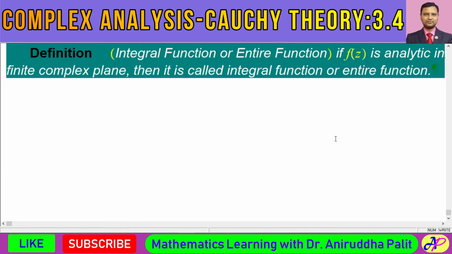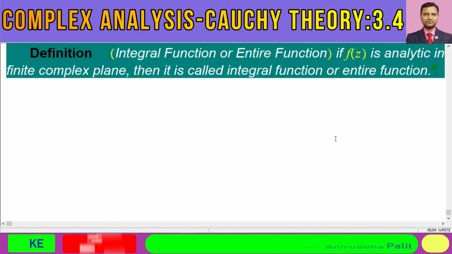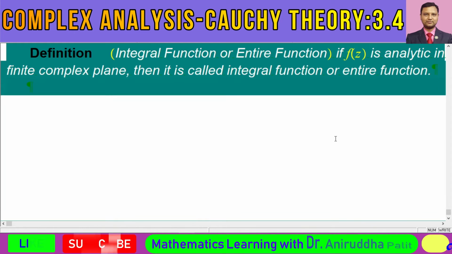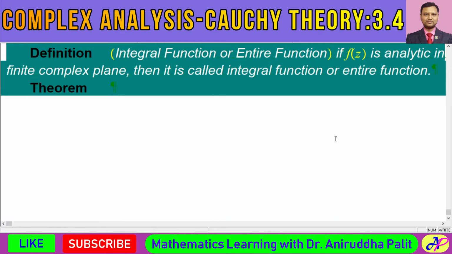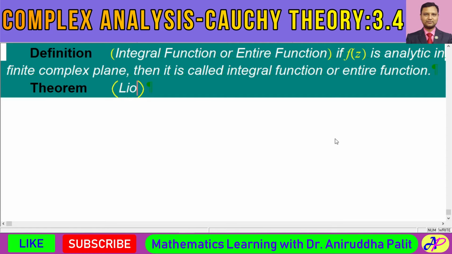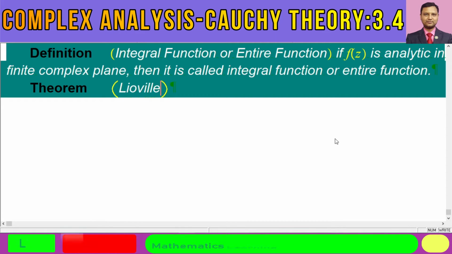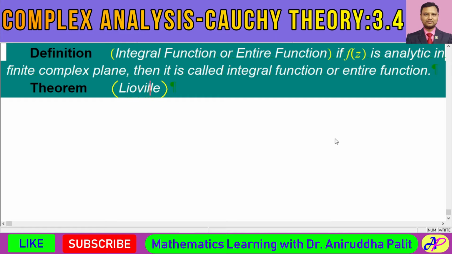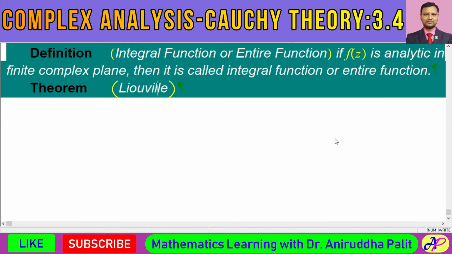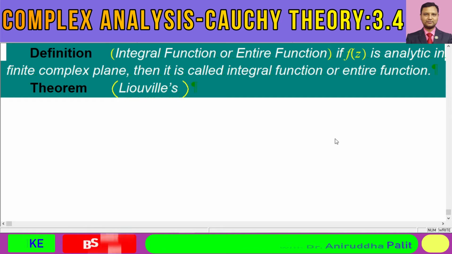Now let's move to the statement of Liouville's theorem. The statement of Liouville's theorem is all about this kind of entire function or integral function. So we have a theorem, Liouville theorem, L-I-O-U-V-I-L-L-E.